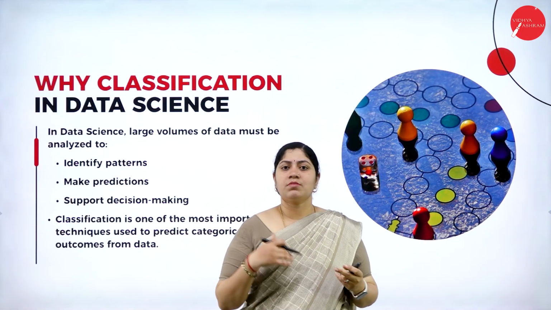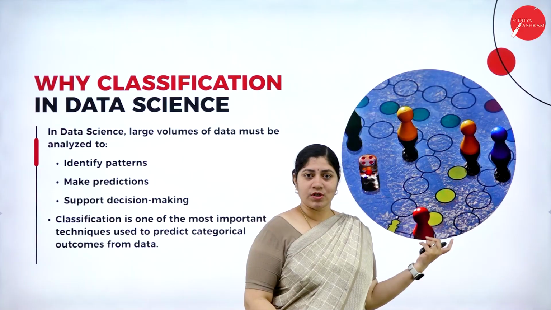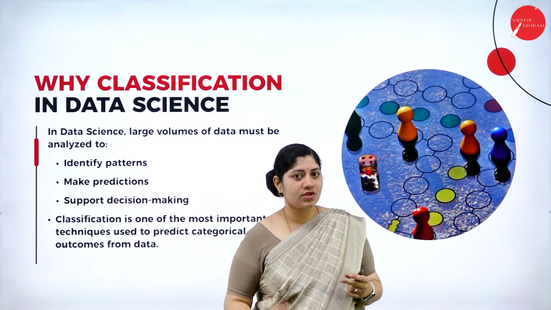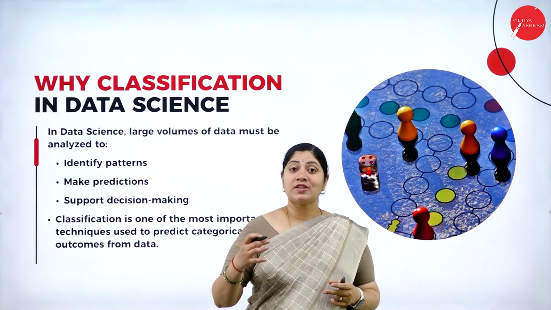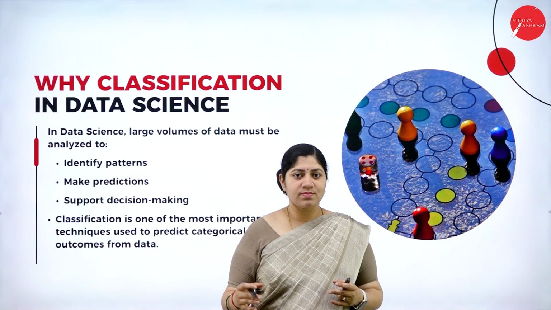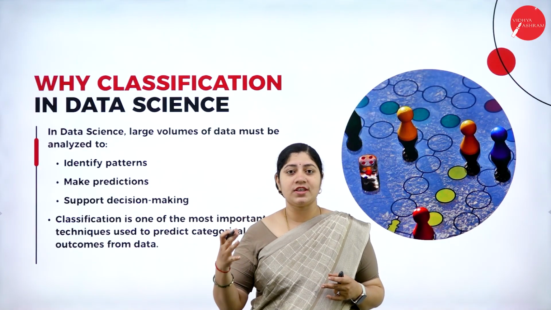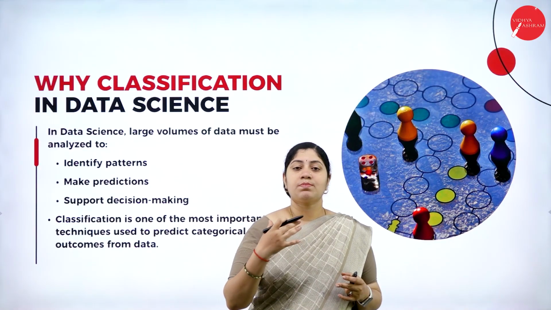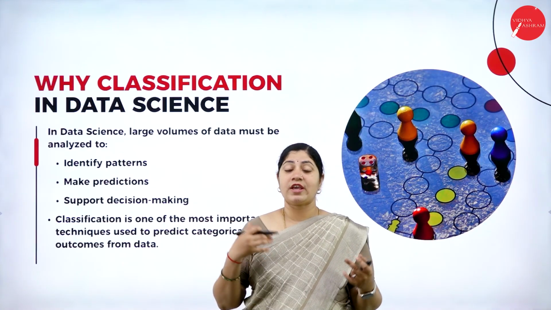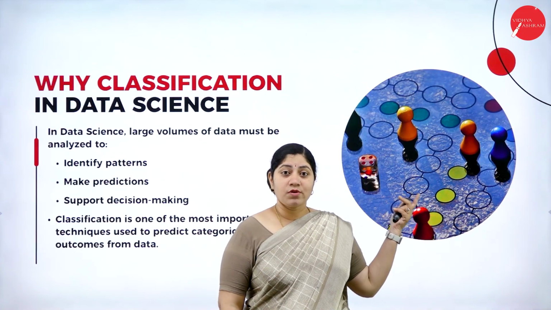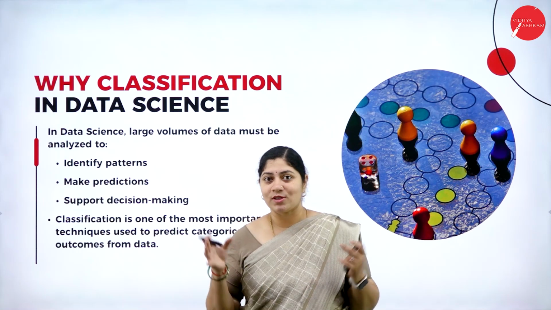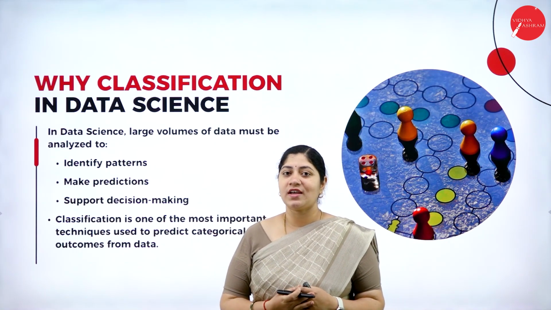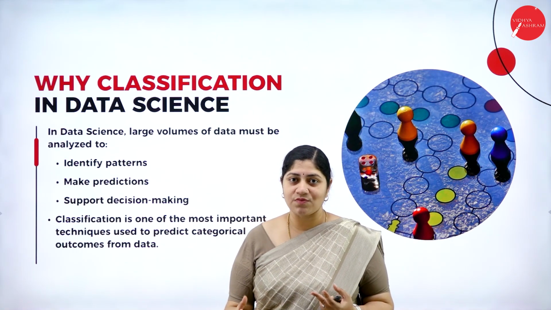This diagram depicts a chessboard with various soldiers placed. By seeing the placement, we have to predict the next placement and take the decision. In order to do this practically, with respect to a large volume of data, we have to step into classification.